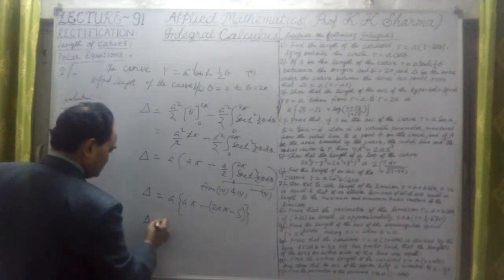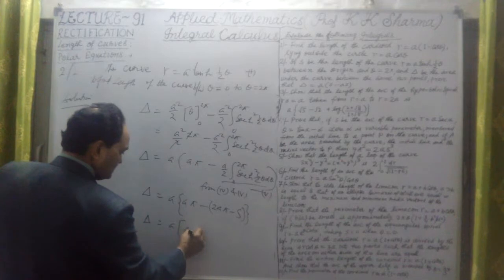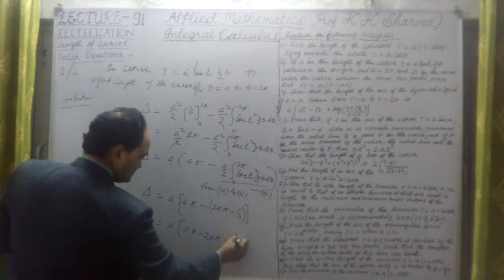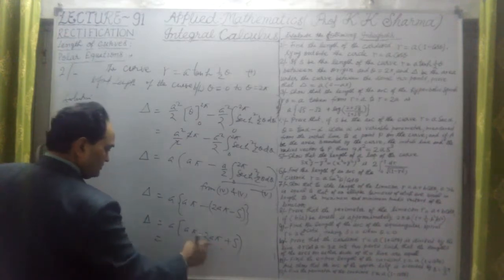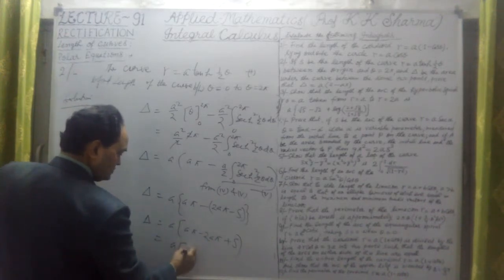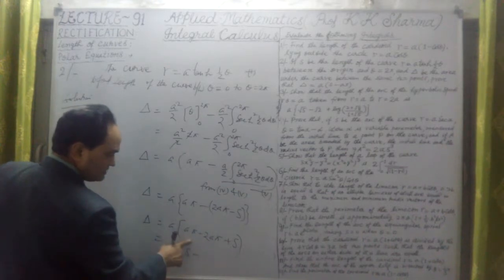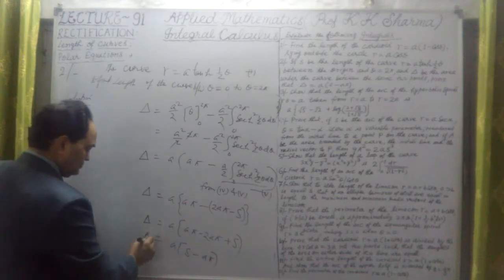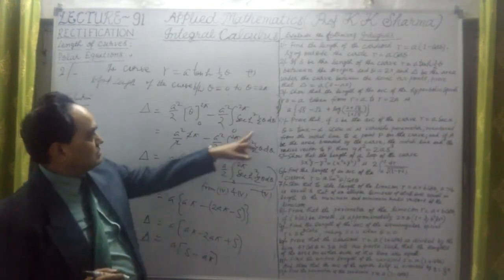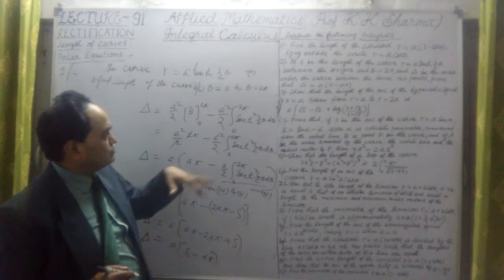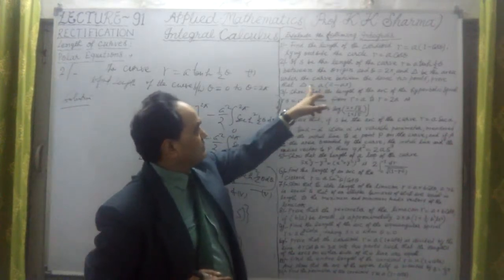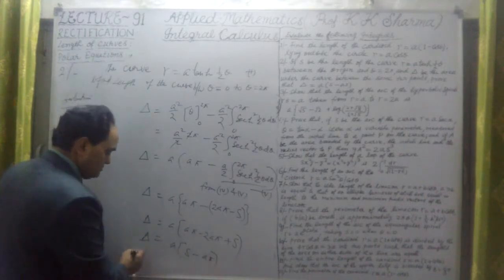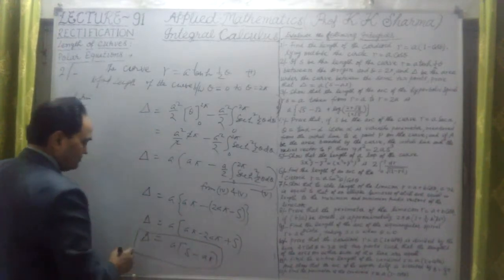Delta is equal to a into a pi minus twice a pi plus s. So this is plus s, meaning a into s minus twice a pi plus a pi, which means minus a pi. So delta is equal to a into s minus a pi. The same relationship we have obtained here.